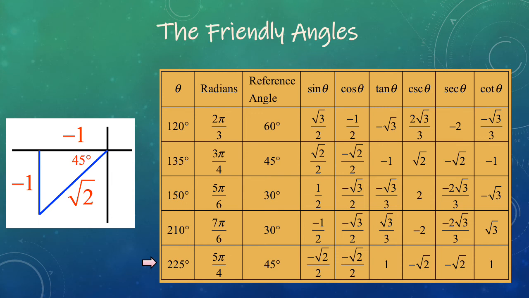So the sine and cosine of 225 degrees are both negative square root of 2 over 2, while the tangent of 225 degrees is 1. The cosecant and secant are both negative square root of 2, and the cotangent of 225 is also 1.